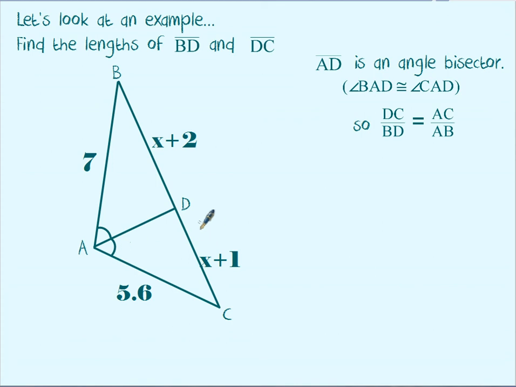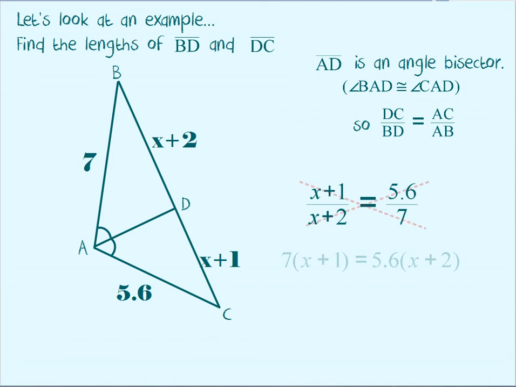So I can set up my proportion DC over BD is equal to AC over AB. And when I substitute in their actual lengths, I get x plus 1 over x plus 2 equals 5.6 over 7.